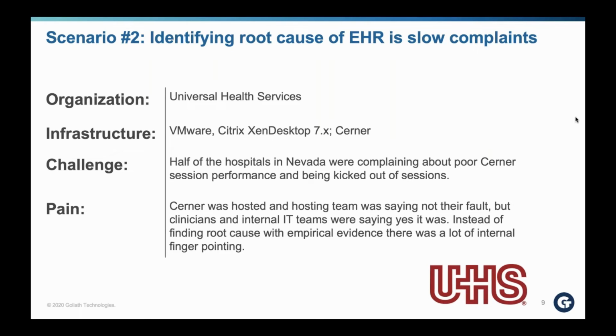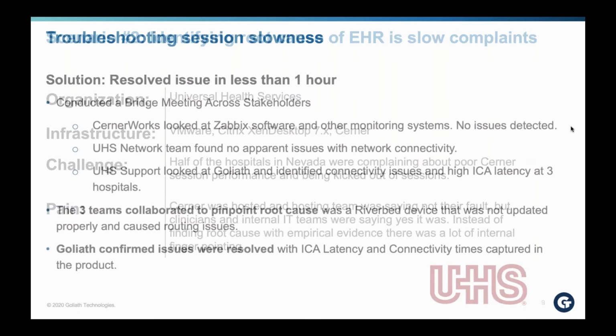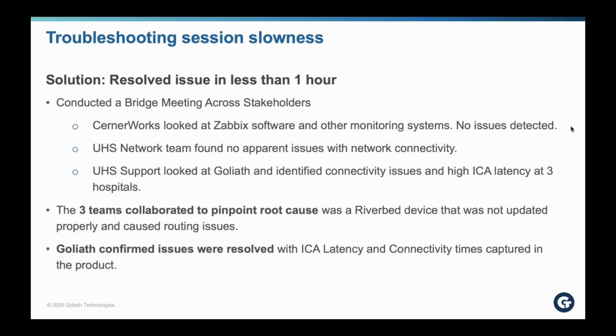Now, because UHS has our technology, and we're the only technology that's actually deployed in Cerner's remote hosted facility, they were able to identify the root cause of these issues within an hour. And how they did that was, well, obviously Cerner is going to go through their own internal tools, and they didn't find any issues.